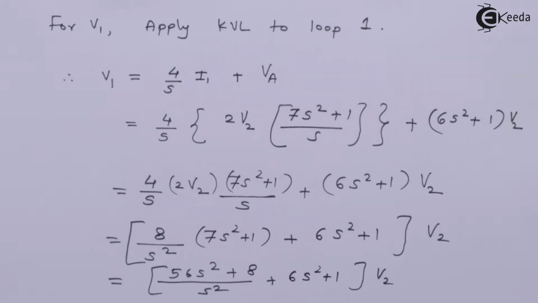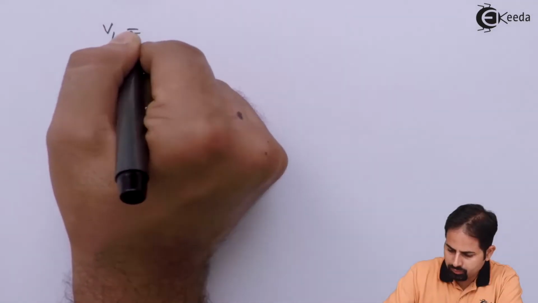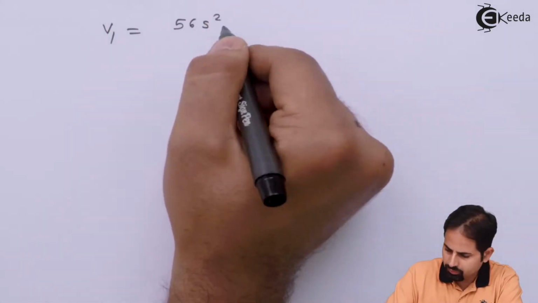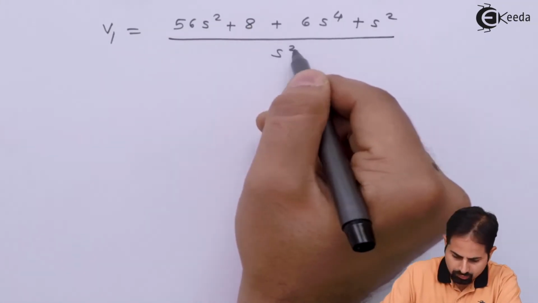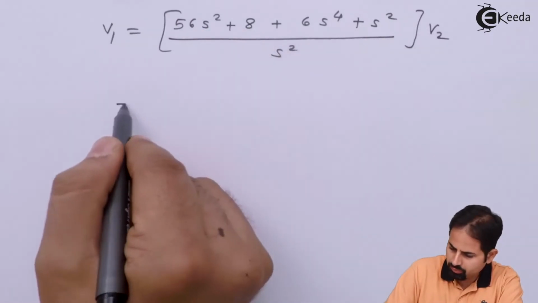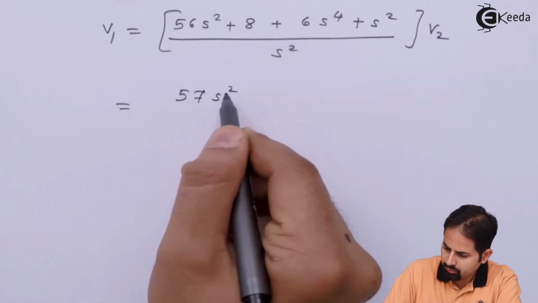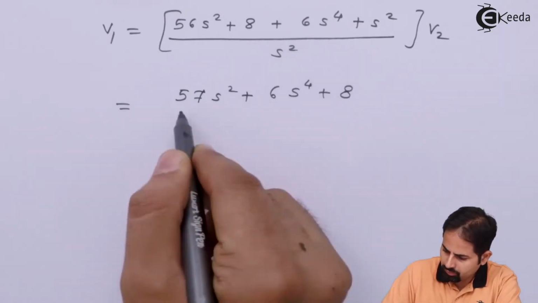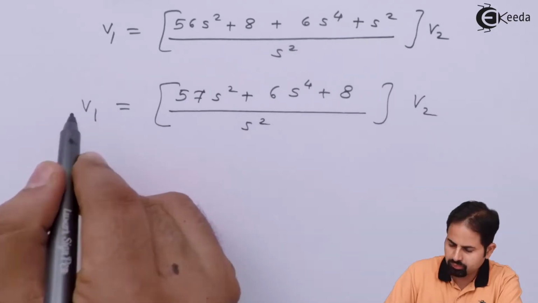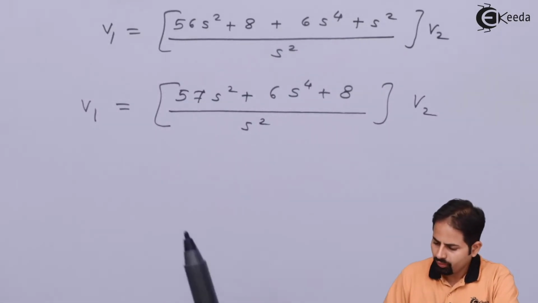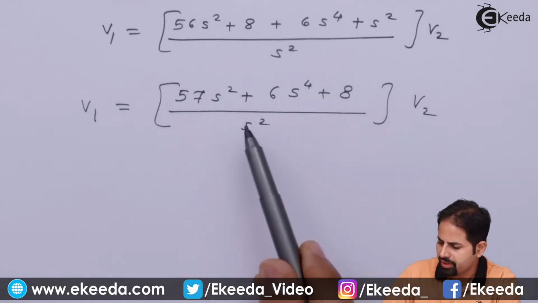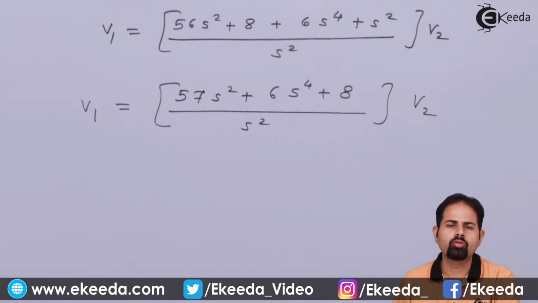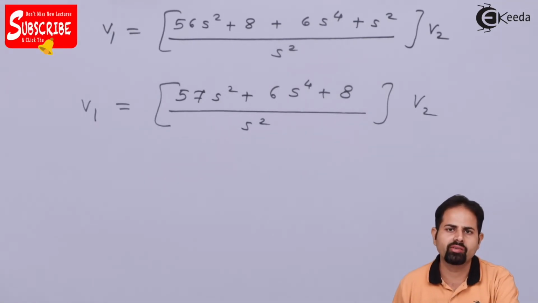This is what I have got after solving for V1, and now we will solve it further. Finally we have got V1 as 6s raised to 4 plus 57s square plus 8 divided by s square into V2. Now we will go back to page 1 where we will see the questions.